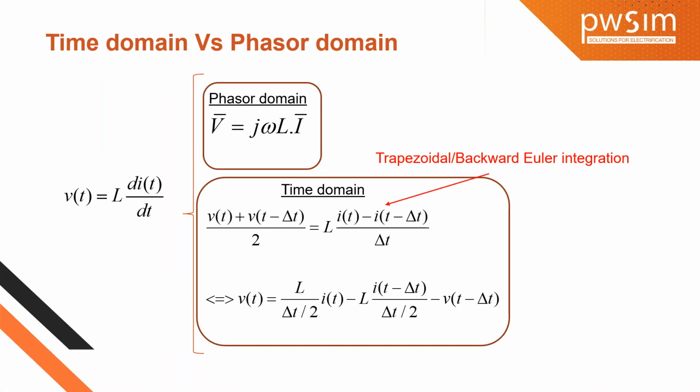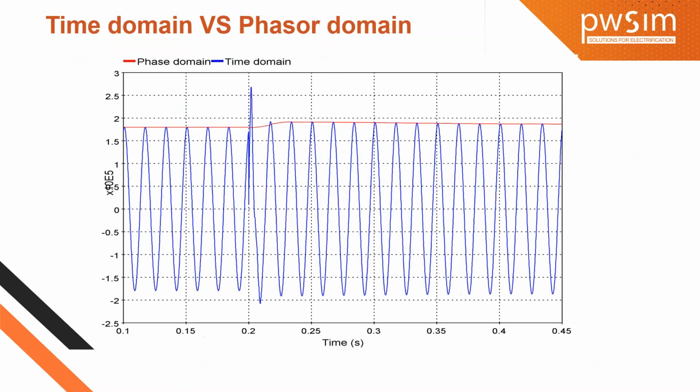In time domain simulations, we will go with the trapezoidal or backward Euler integration methods for solving equations like nonlinear equations and other things. In this example, you can see the trapezoidal and backward Euler integration equation for the inductance value. So you can see the difference between time domain and phasor domain software.